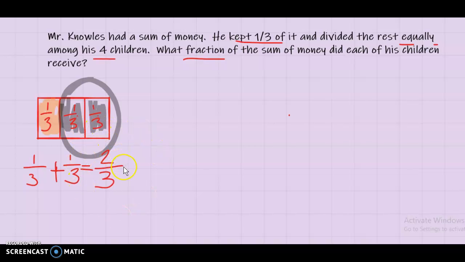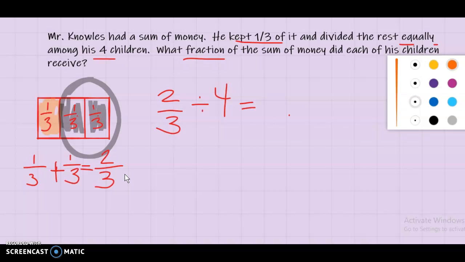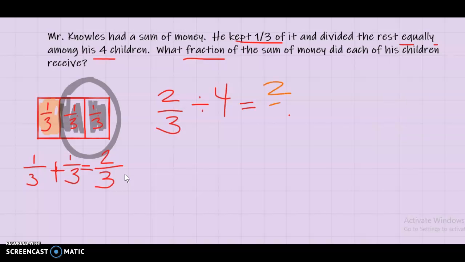So this is how much he divided among his 4 children. So I'm going to take 2/3 and divide that between his 4 children. So 2/3 times a 4th.